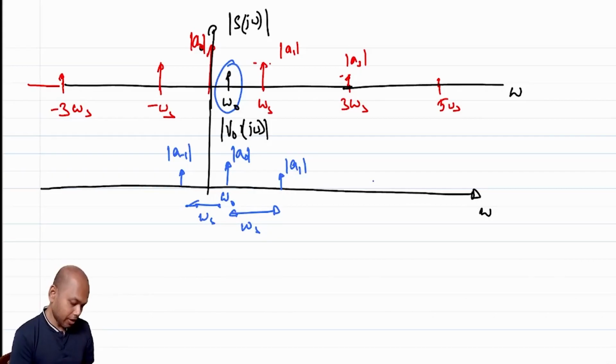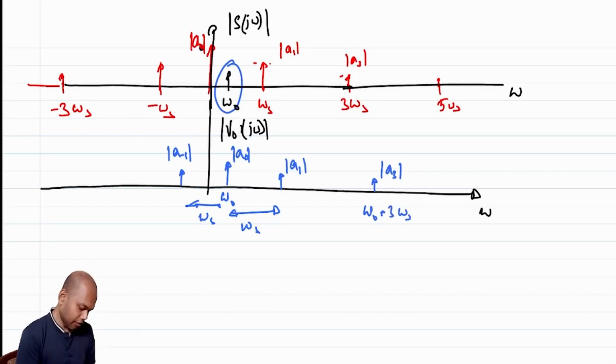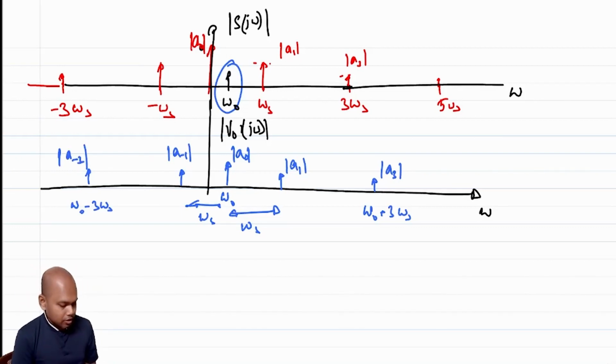And similarly, you are going to have another strength at 3 omega s, right? So this will be omega naught plus 3 omega s. Similarly, you are going to have a tone at negative 3 omega s plus omega naught here. Right? So from the next time, we'll not do all this analysis full blown.